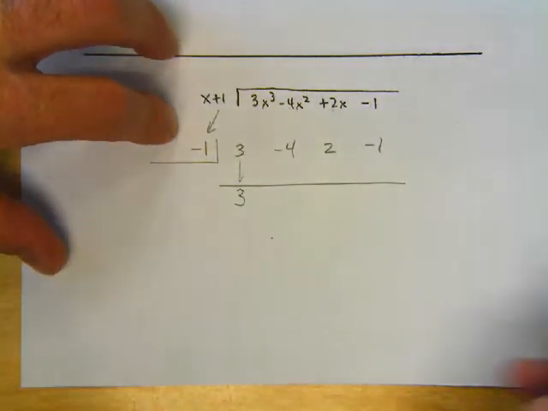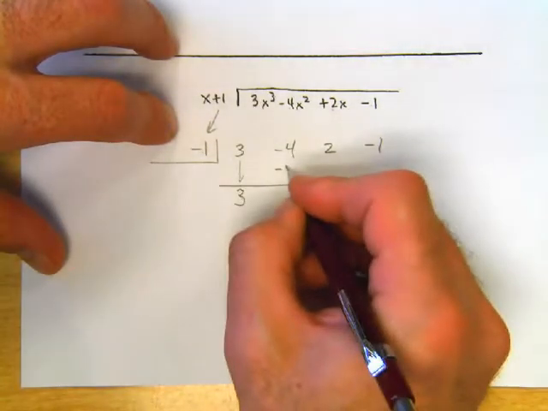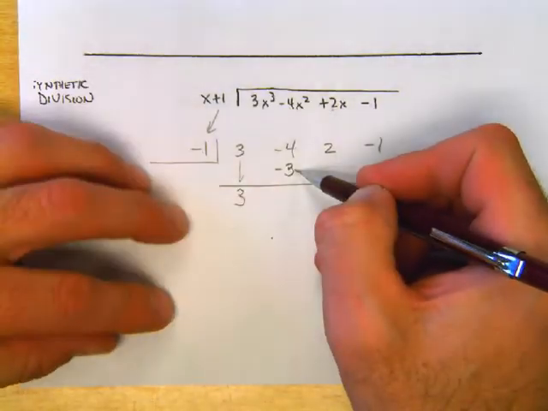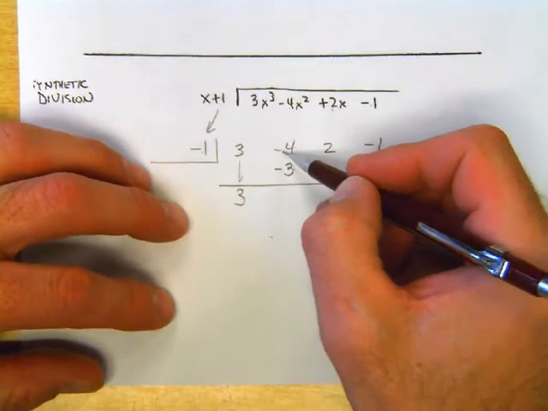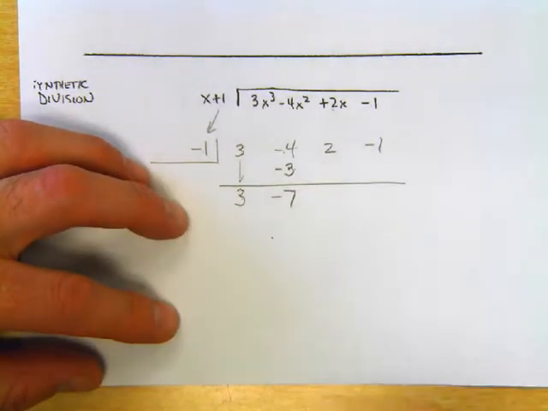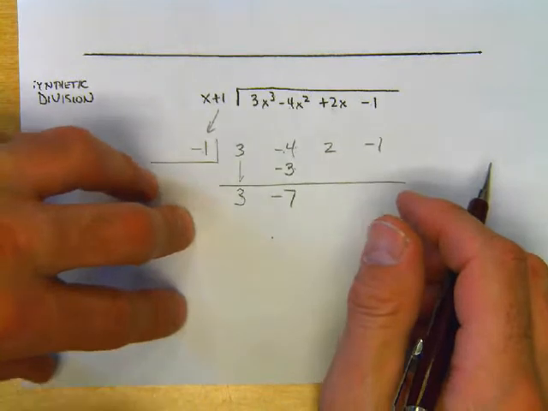Next step, negative 1 times 3 is negative 3. Now we want to combine these two numbers using the signs in front. Negative 4 minus 3 is negative 7. And now we start the process over again.